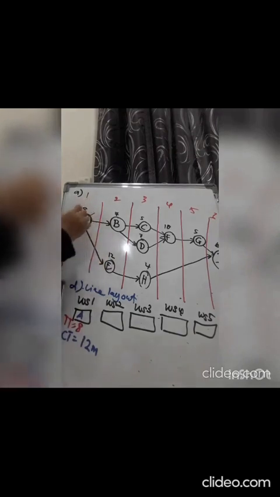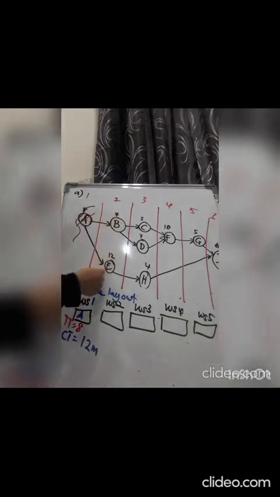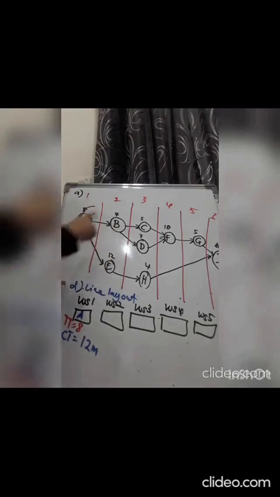Now we go to the second workstation. You go to the next sequence because sequence number 1 here is done. Habis, dah siap. Second workstation, what are the tasks to be assigned? We have an option of B and E. Between these two, you have to look at which option has the higher task time. Yang mana masa dia paling tinggi?